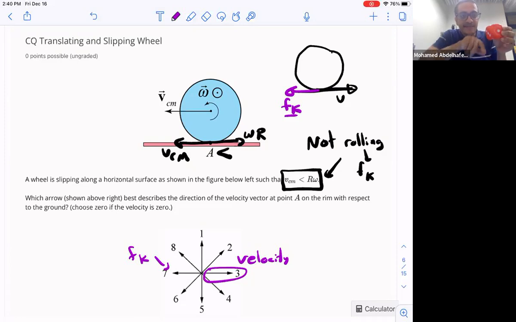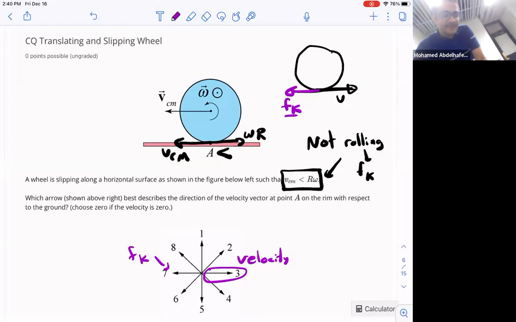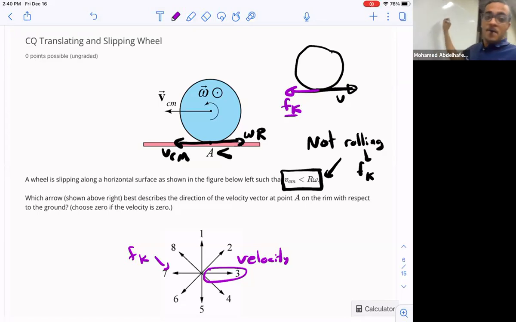The spin here gives it, if you look at the direction of this rotation right here, I wish I can show it. Let me try something. Okay, so it's spinning this way.